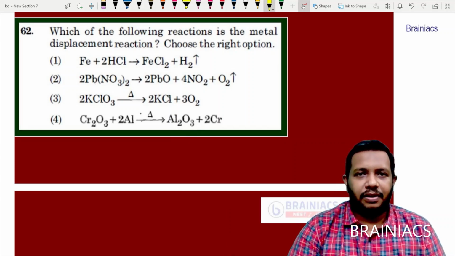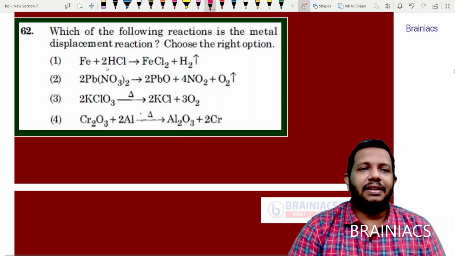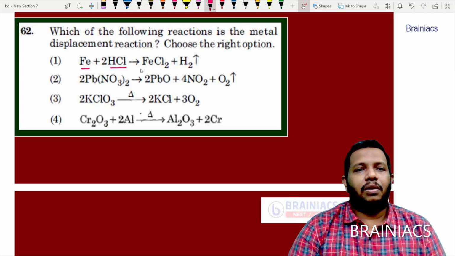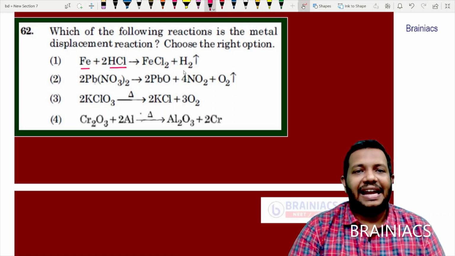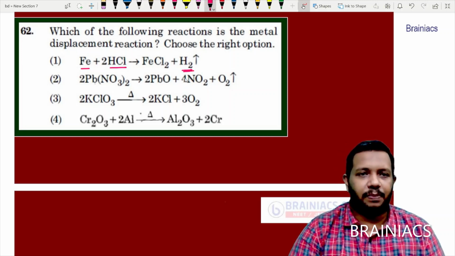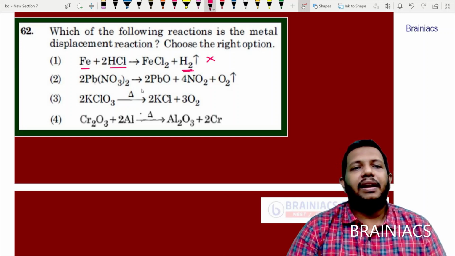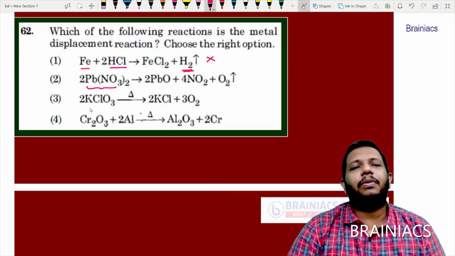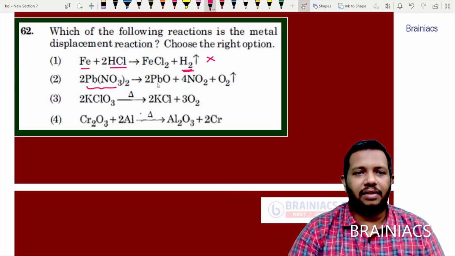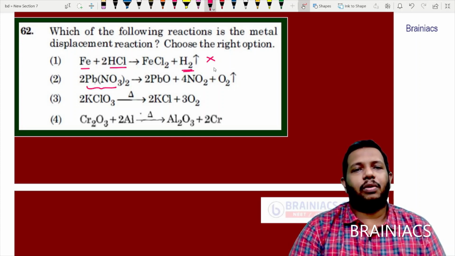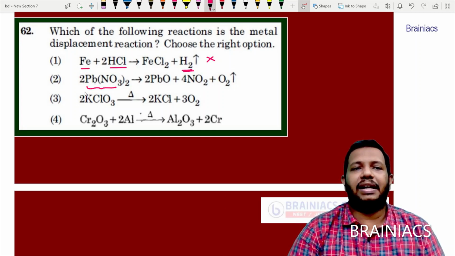If you look at the first option, iron is reacting with HCl. Here iron chloride is formed and hydrogen is displaced. Metal is not displaced here. It is liberating hydrogen. So the first one is not the correct answer. This is a redox reaction where the oxidation state of iron is changing.